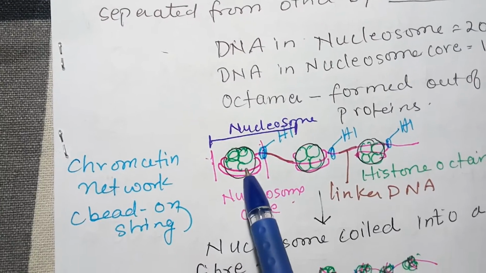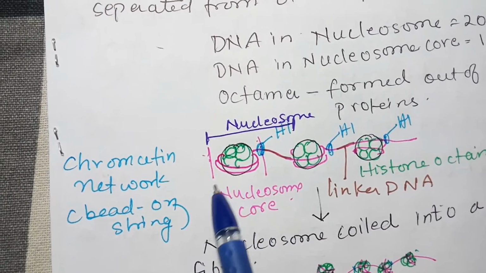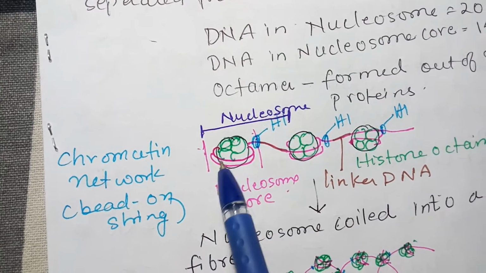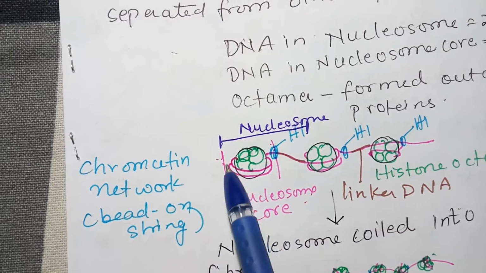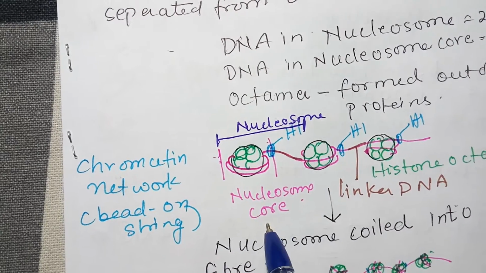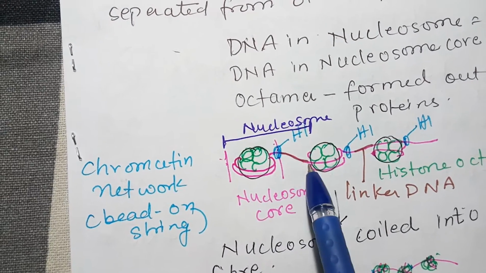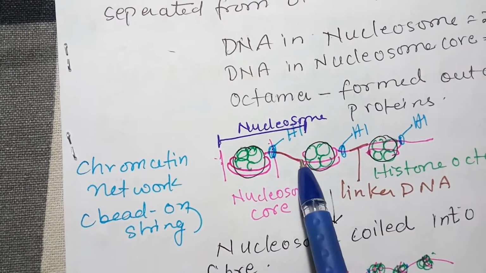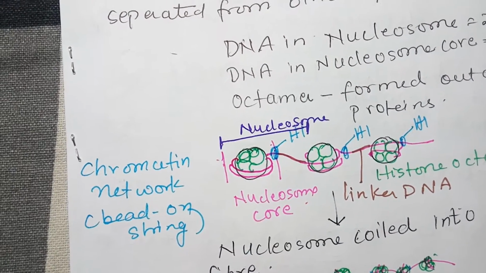And this pink color is the DNA which is wrapped around the octamer. So this portion where the octamer is bound to this much DNA is called the nucleosome core, whereas H1 is located outside the core, and whatever is the remaining portion is called linker DNA.